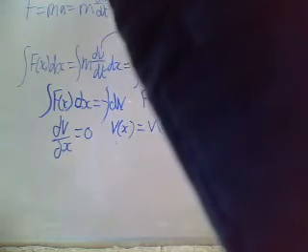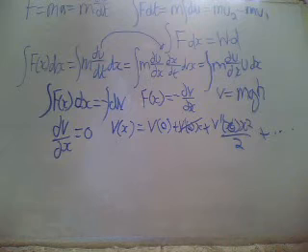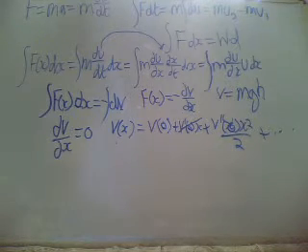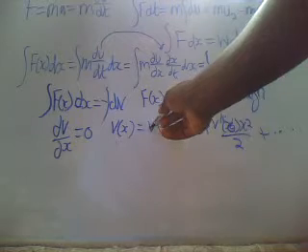As we said, equilibrium occurs when the first derivative is equal to 0, so we can cross that out, and I think V naught is probably also equal to 0. We'll cross that out anyway.